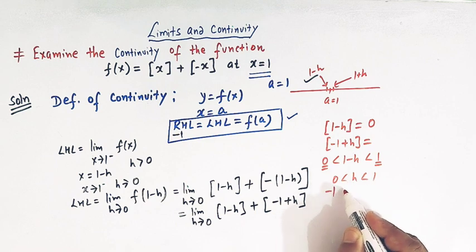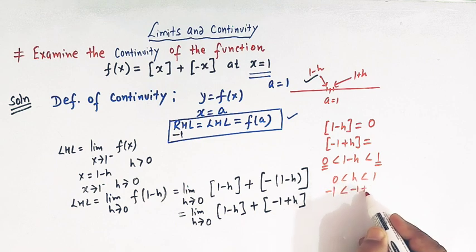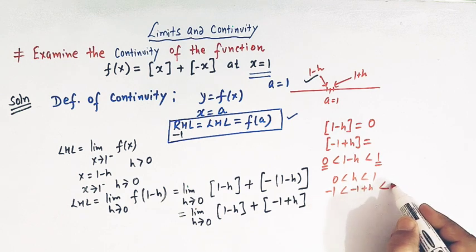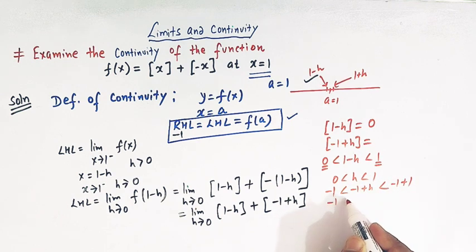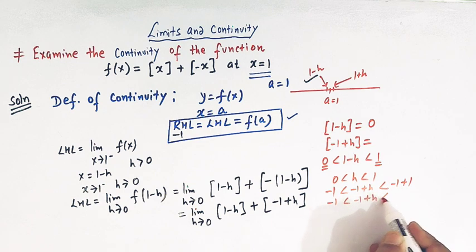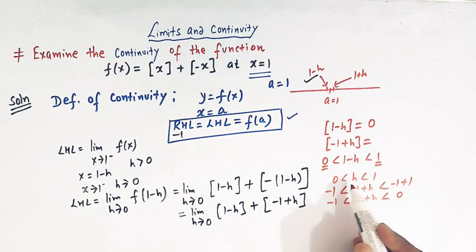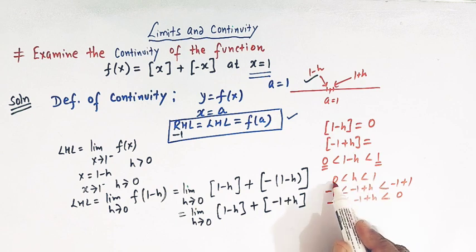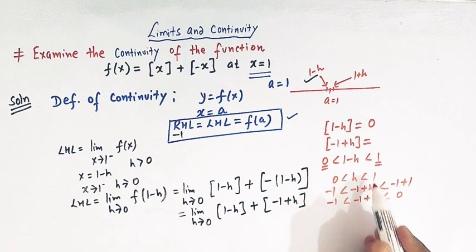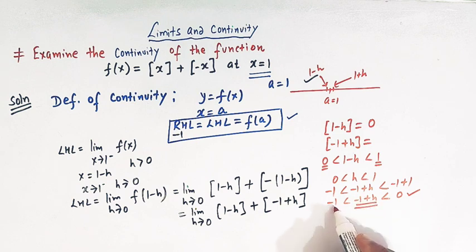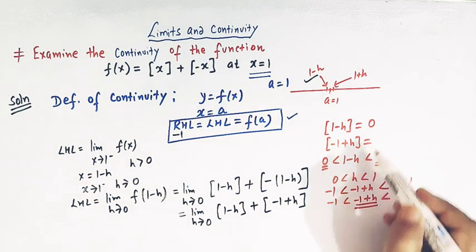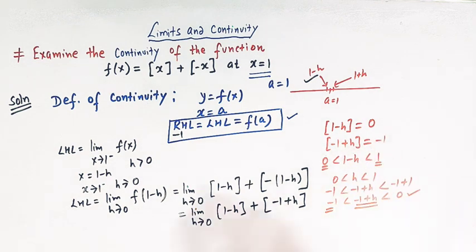So we get minus 1, minus 1 plus h, and minus 1 plus 1, so we have minus 1, minus 1 plus h, and 0. Now from here we see that minus 1 plus h lies between minus 1 and 0. So the greatest integer of minus 1 plus h must be equal to minus 1.